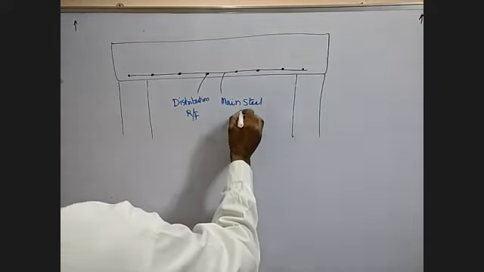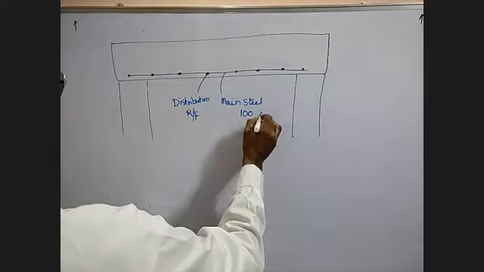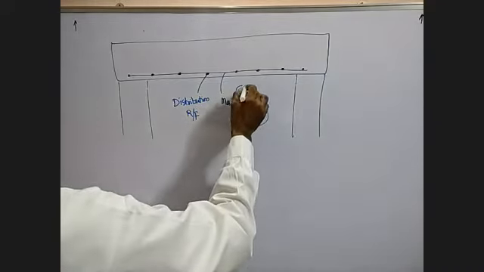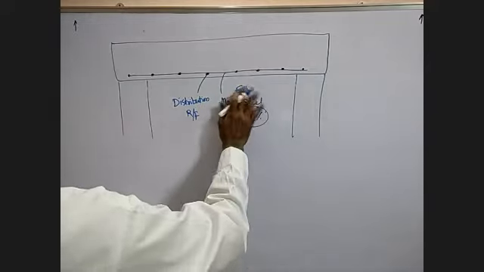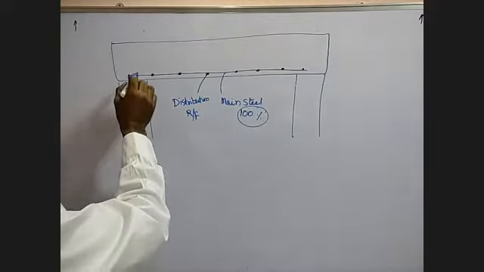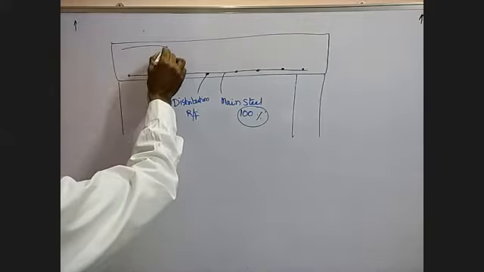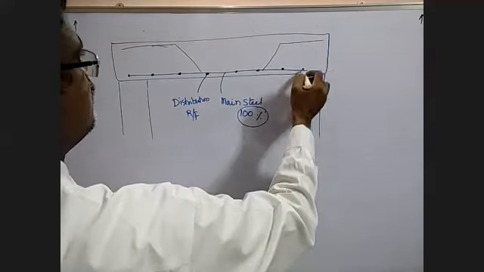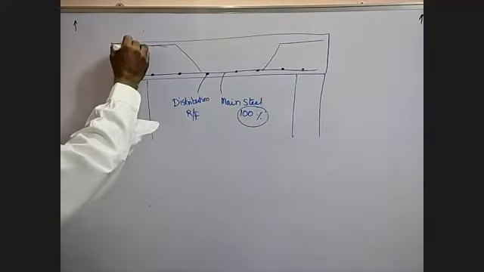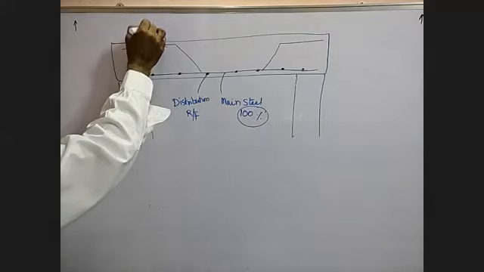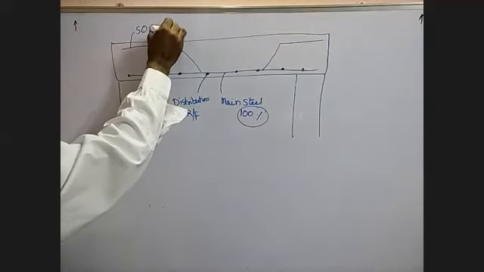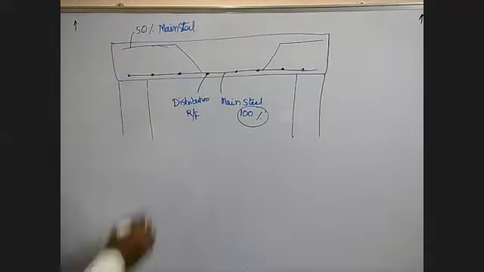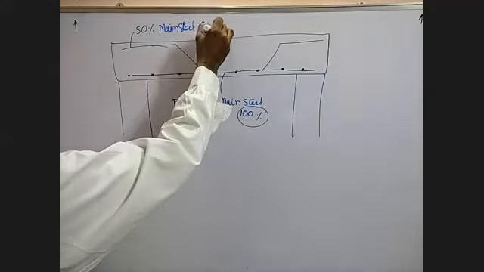Here, the main steel, the percentage here is 100%. Let us say if I provide 6 bars. Now here, this 50% is provided here. 50% of main steel, that is bent up bars.